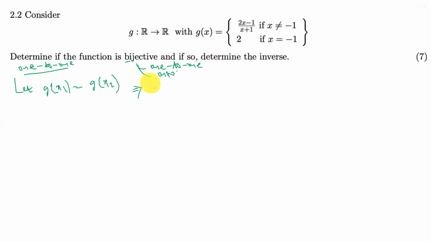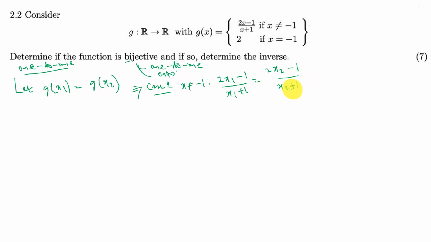So there are two cases. There's going to be case one. You can look at it that way. Whenever x is not minus one, we have the top case. So that's going to be 2x1 minus 1 divided by x1 plus 1 is equal to 2x2 minus 1 divided by x2 plus 1.